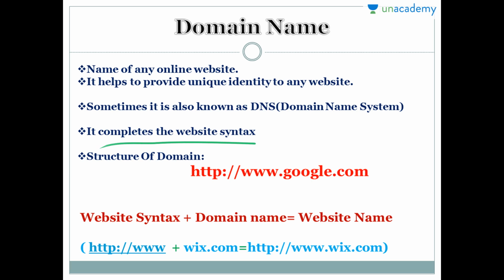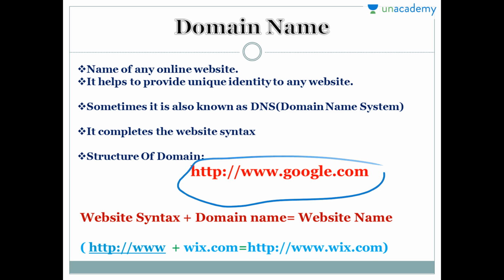As we have seen in the previous slide, the syntax of a website was http://www, and the domain name is like wix.com. So both the website syntax and domain name combine to form a website name. And the structure can be seen at http://www.google.com. This completes the website name, or domain name, and this name is unique.